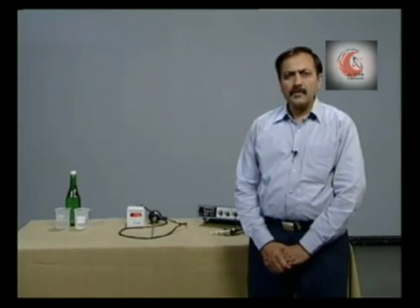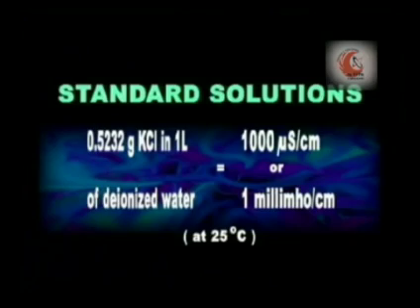It is advisable to check the accuracy of the instrument at suitable intervals. This is done by measuring the conductivity of a standard solution of known concentration. Prepare the standard solution by dissolving 0.5232 gram of potassium chloride dried for 1 hour in 1 liter of deionized water.